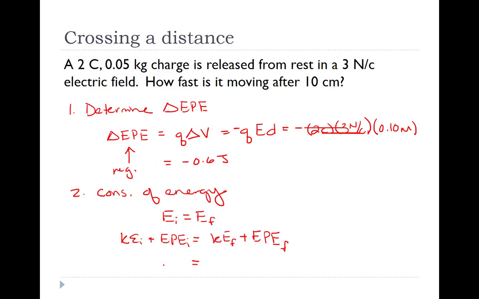So that gives me that KE initial minus KE final has to equal EPE final minus EPE initial, which is my change in EPE, which I found above.